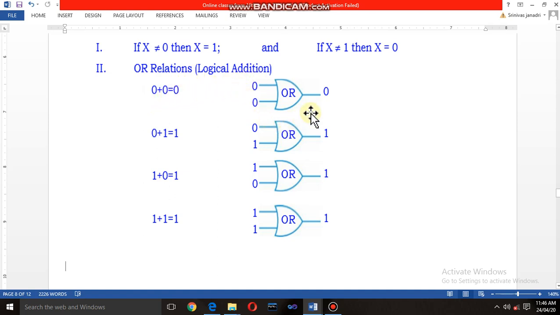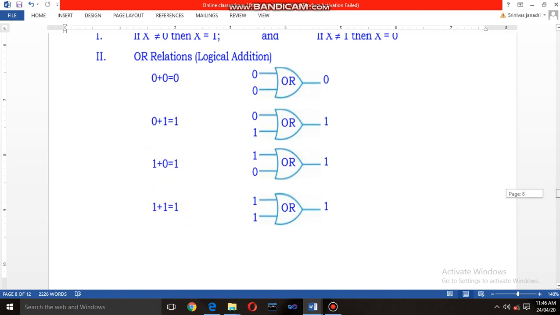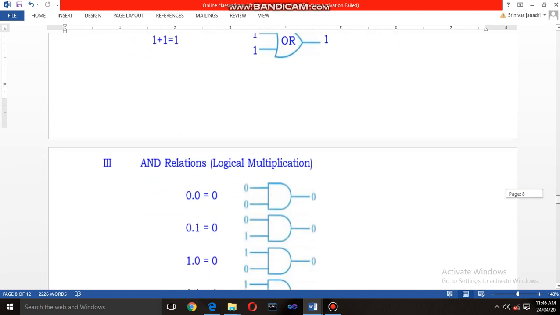We can write the symbol of the OR gate with two inputs as zeros, and the output will be 0. Like that, the 0 and 1 combination will give you a 1, the 1 and 0 combination will give you a 1, and the 1 and 1 combination will give you 1. This is the OR relation. This is the second postulate of Boolean algebra.